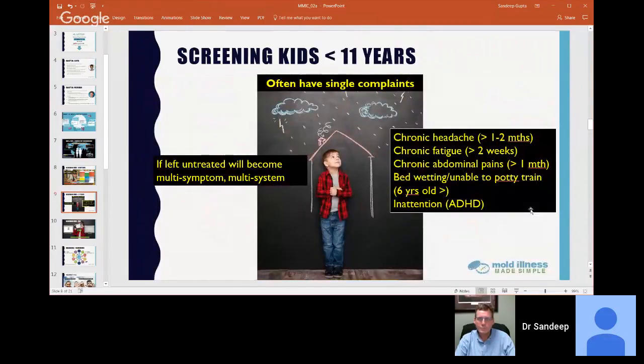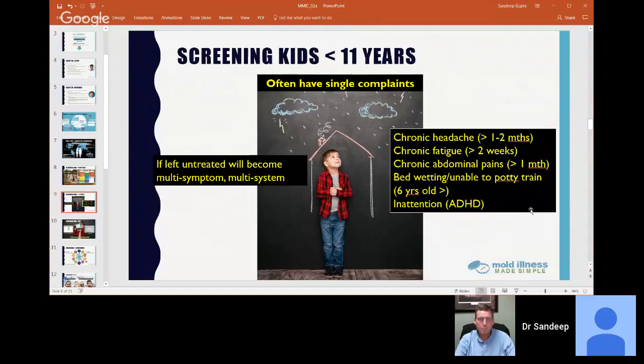So just expanding on that, in children under 11 years old, they often may have single complaints. So this is a little bit of an exception to the rule that CIRS is what we call a multi-symptom, multi-system illness. And this is something I talk about quite a lot in the Mold Illness Made Simple course, that in adults, it's going to be affecting a whole bunch of bodily symptoms, not just one.